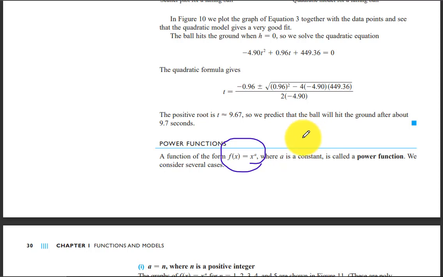We don't call this a polynomial. But this a can be any constant, any number. So this is a power function, but it's not a polynomial. So power functions are not necessarily polynomials.